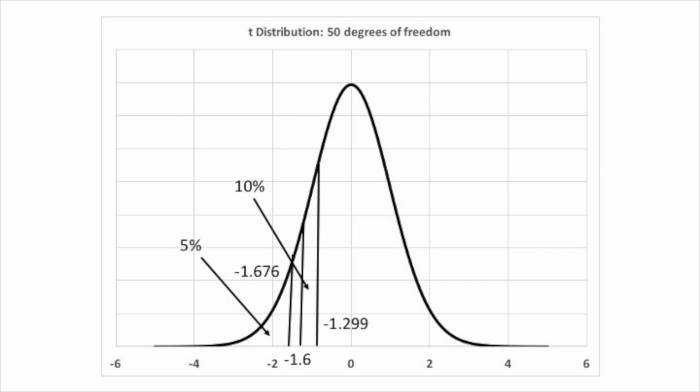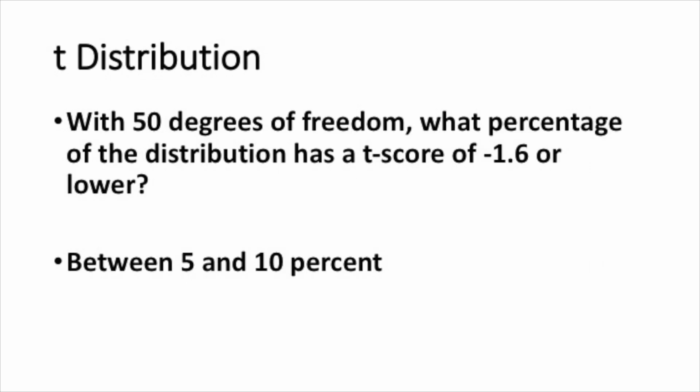So really all we can say is that a t-score of minus 1.6, if you have 50 degrees of freedom, corresponds to anywhere between 5 and 10% of the bottom tail. We don't know the exact value here, we just know it's a value between 5 and 10%. So to answer the question, what percentage of the distribution has a t-score of minus 1.6 or lower with 50 degrees of freedom? The answer is between 5 and 10%.